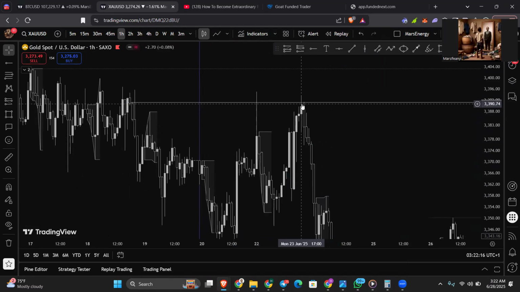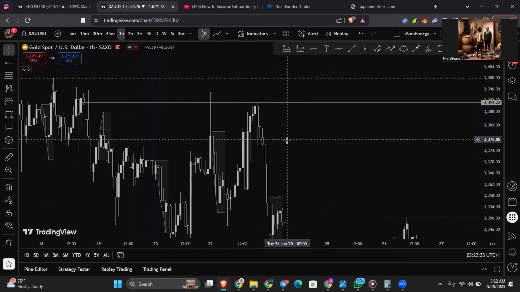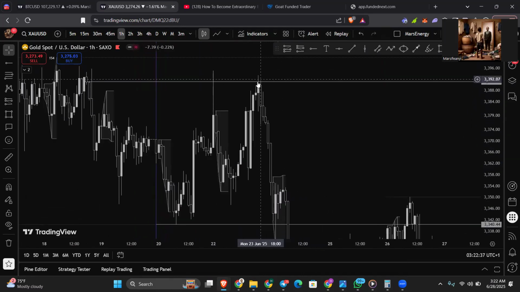So now, price came back to this key level, and that was at 1700, that's 5 p.m., almost at the close of New York. New York has like 5 hours ahead before they close. So price came back to it.